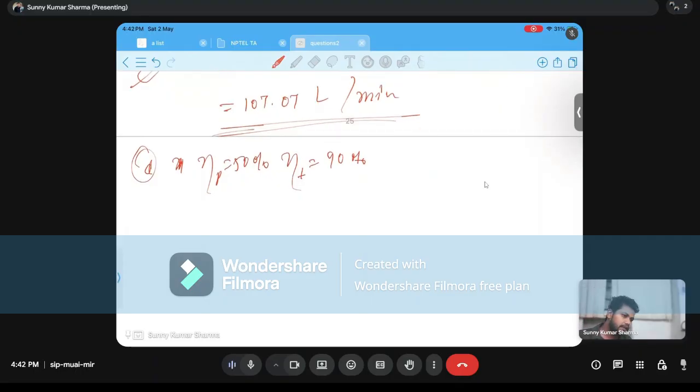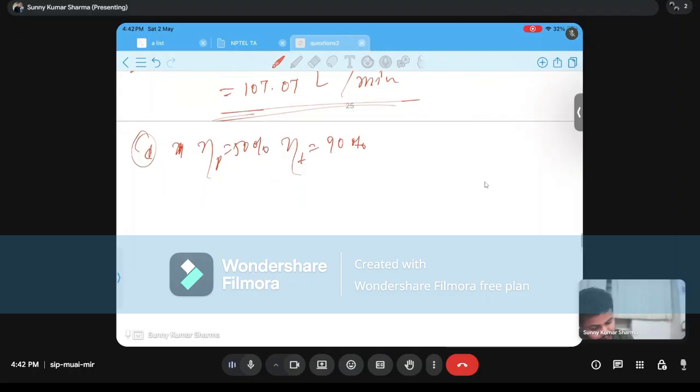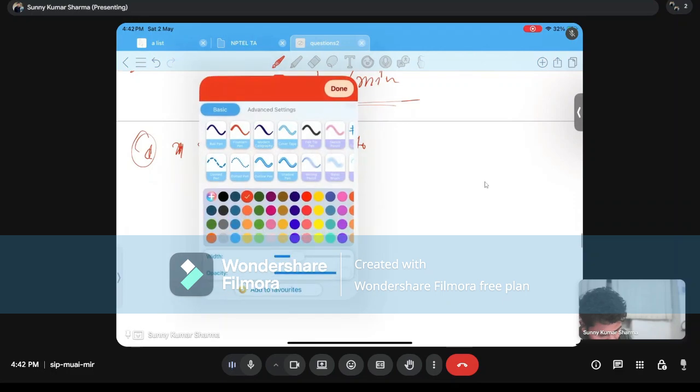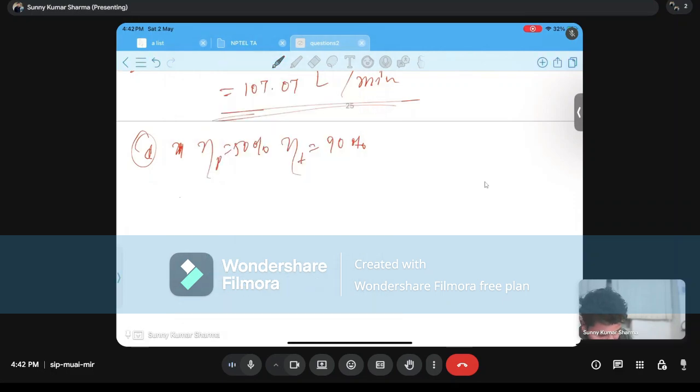For that, you can directly calculate the hydraulic power, and then we divide by these efficiencies to get the input power. So first we need to know the hydraulic power. The hydraulic power, denoted as PH, is discharge into pressure. So discharge QM into pressure P divided by 60 into 1000, if QM is in liter per minute and P is in kilopascal.